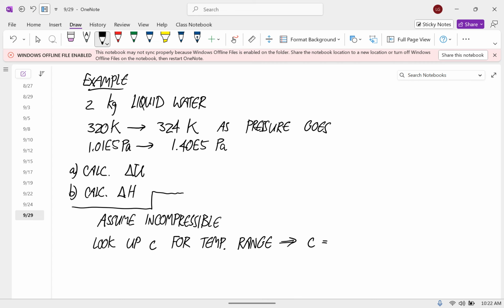We get that C is equal to, it usually gives it in kilojoules per kilogram Kelvin. So it would say 4.18 kilojoules per kilogram Kelvin. And you have to remember, if we're doing these in SI units, to convert that to 4180 joules per kilogram Kelvin.